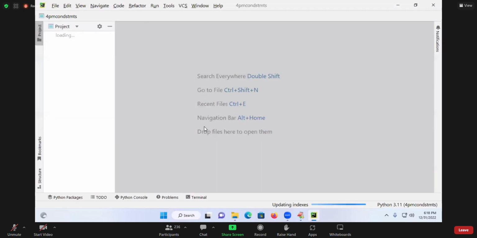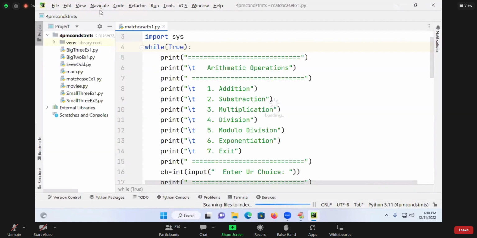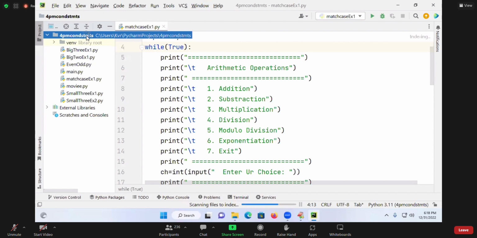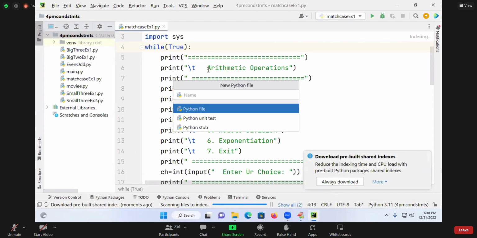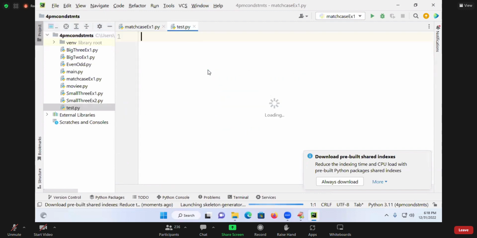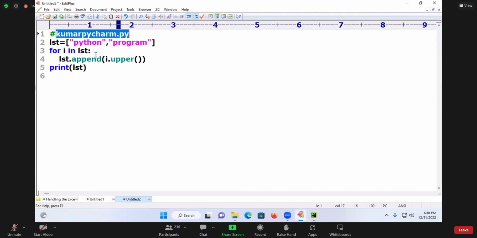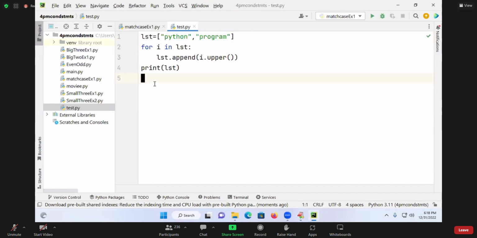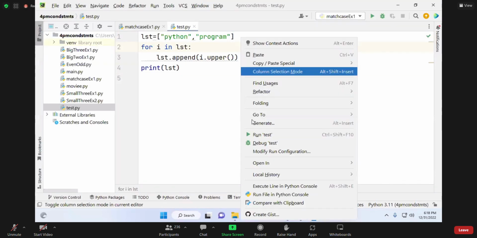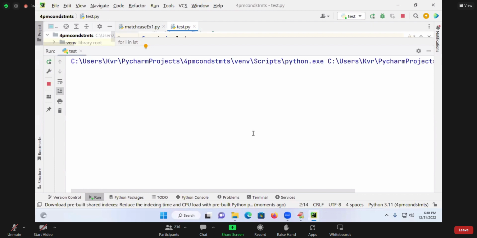Simple this is. If you struggle here, how can you do that, student? So here, go to that. Here, test.py, paste this. Kumar PyCharm, this is copied. Code you copy. Dead easy this is. Execute it. Test.